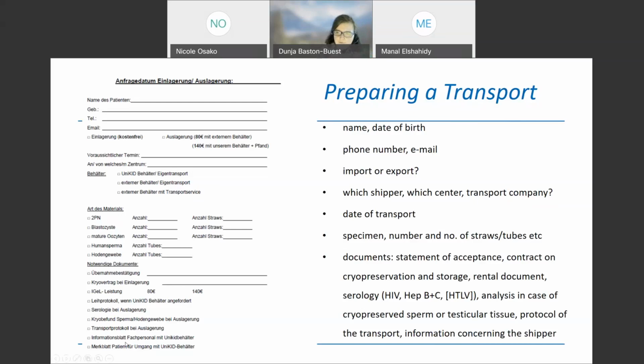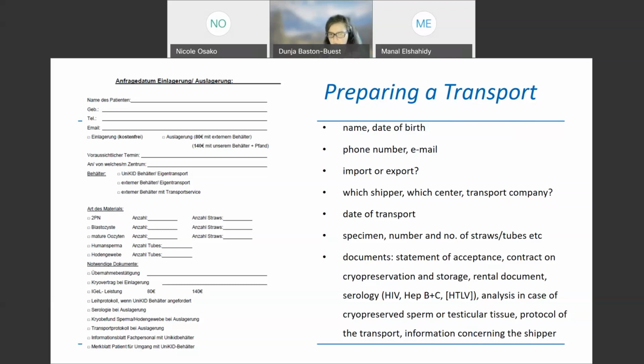There is, for example, the statement of acceptance and the contract on cryopreservation in case we import the specimen. Perhaps you have a rental document. You need the serology of the patients. And in our case, we need HIV, hepatitis, and HTLV. For example, you can also send the analyses in case you send sperm or testicular tissue.